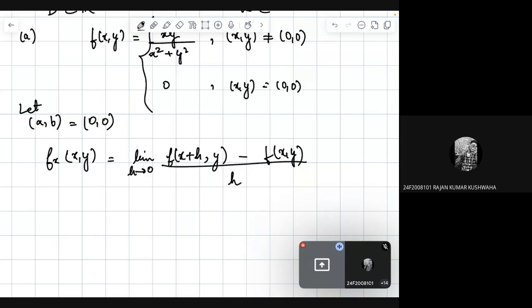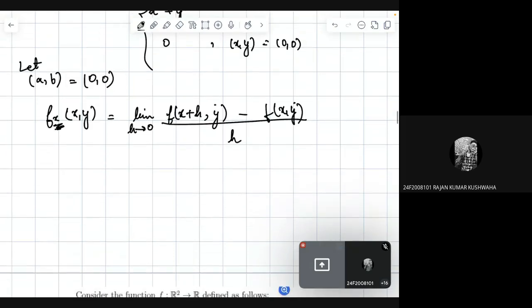What does it mean? y remains the same, since we are taking the partial derivative with respect to x. We are only making a small change in the value of x, taking its difference with f(x,y), and finding the limit at that particular point.